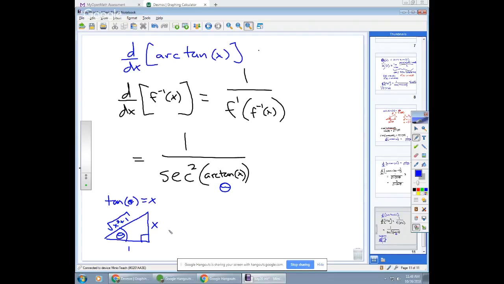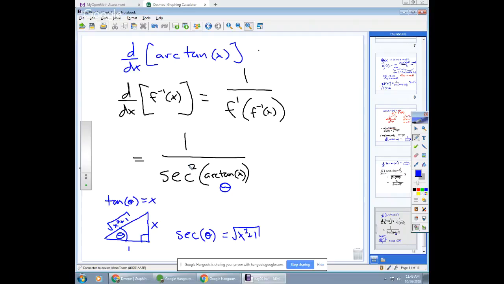Now I need to know, based on this picture, what is the secant of theta? Secant is 1 over cosine. Cosine would normally be adjacent over hypotenuse, so the secant is hypotenuse over adjacent. So the secant is just going to be the square root of x squared plus 1.